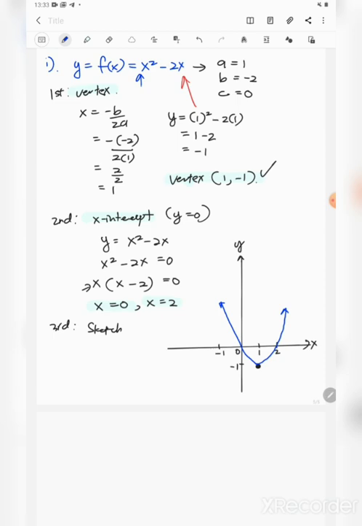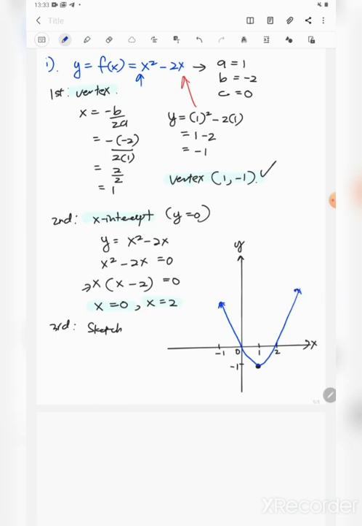Okay, sorry, I try once again. Better. So now we have the graph pointing up for these two.